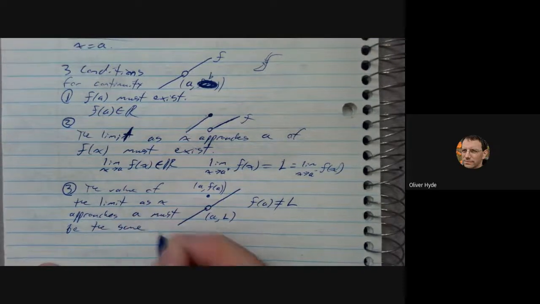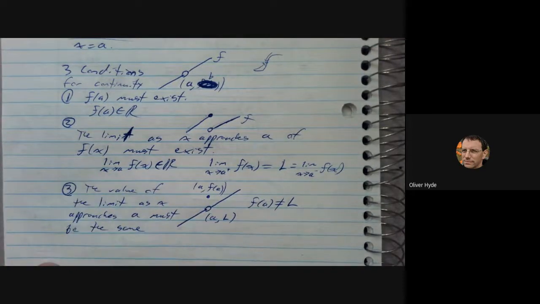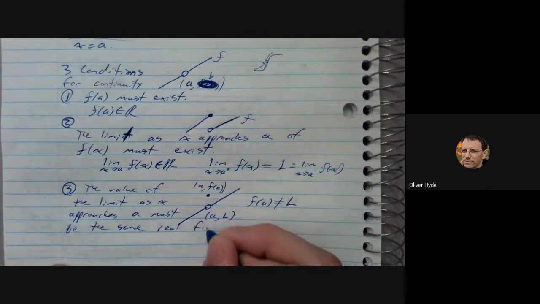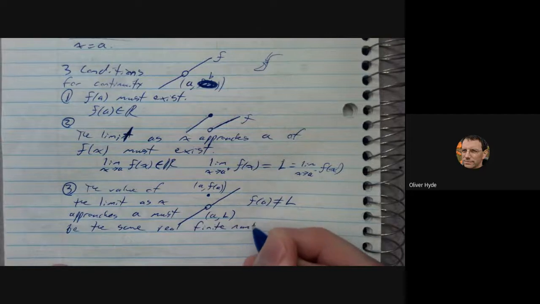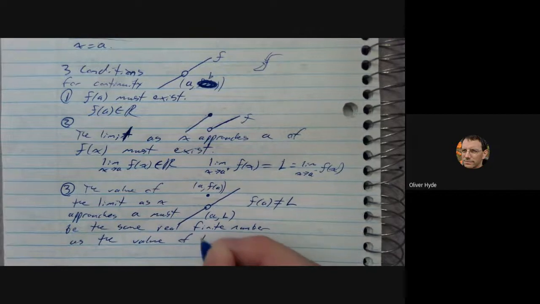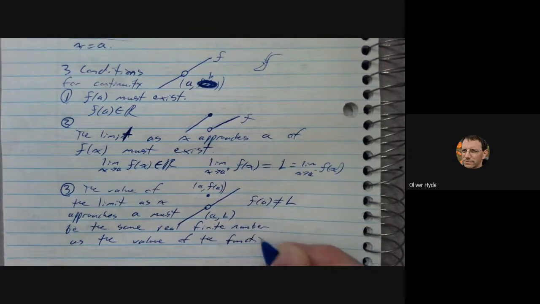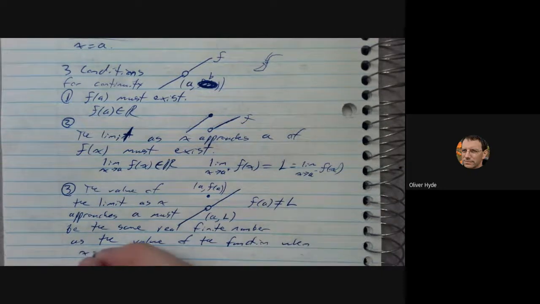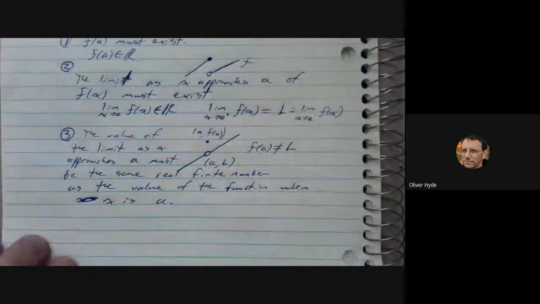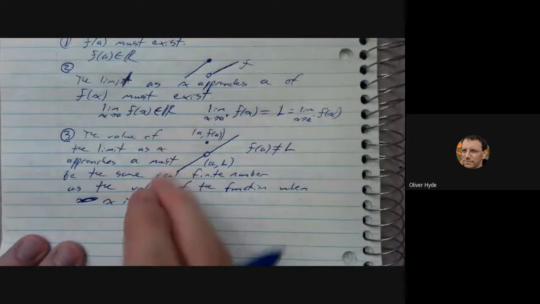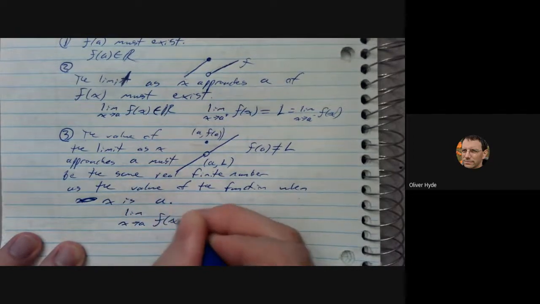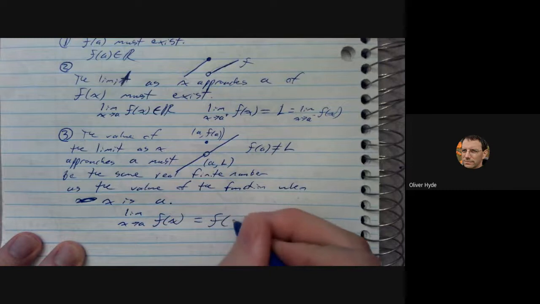And if I haven't mentioned conditions 1 and 2, then I might go out of my way to say it must be the same real finite number as the value of the function when x is a. Now, this is, again, pretty easy to write out mathematically. You say the limit as x approaches a of f(x) must equal f(a).